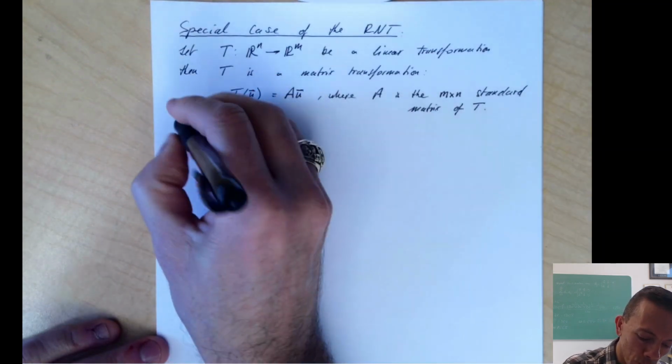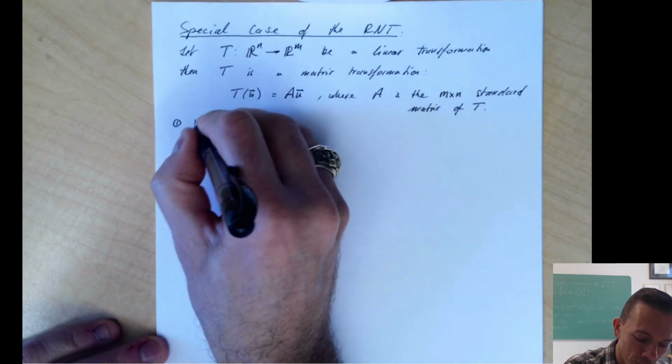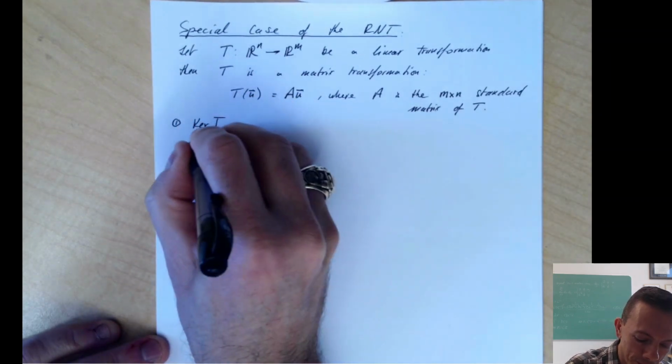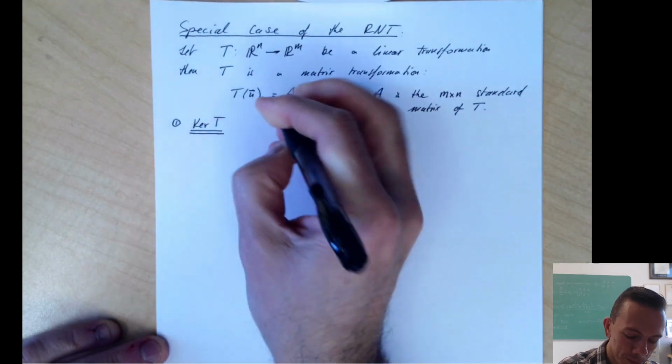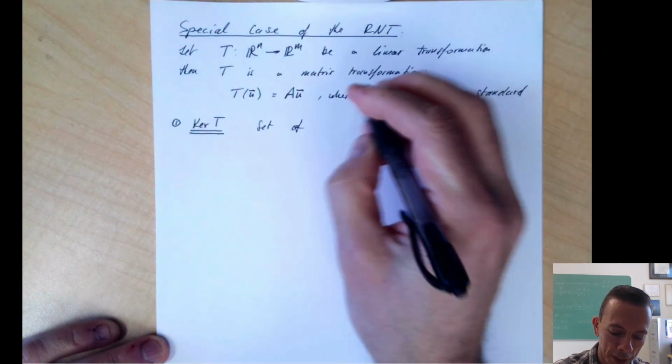So in this case, if we want to find the kernel and the range of this kind of transformation, first the kernel of T. This is the set of all the vectors that map to the 0 vector in Rm.